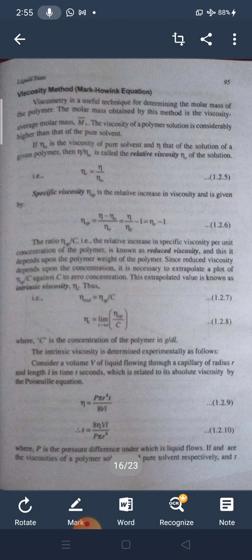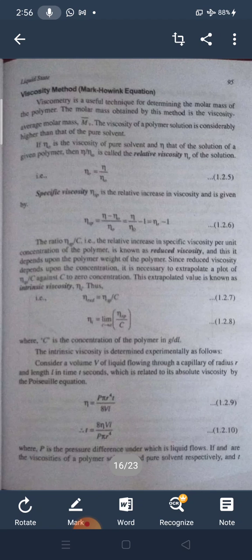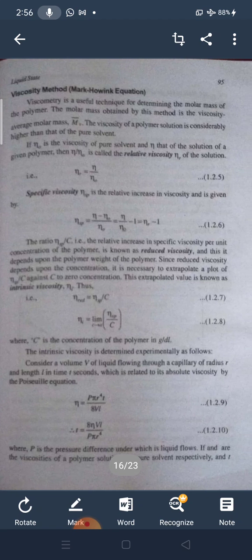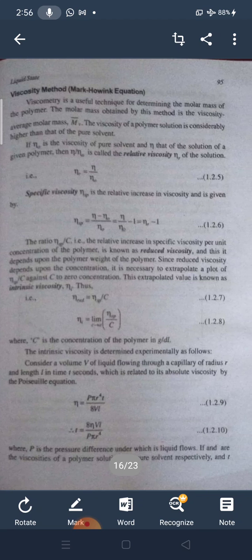The ratio of specific viscosity, the relative increase in viscosity per unit concentration of the polymer, is known as the reduced viscosity. It comes for the MCQs, that's why I am highlighting this part. Since reduced viscosity depends upon the concentration, it is necessary to extrapolate a plot of eta sp by c against c to zero concentration.